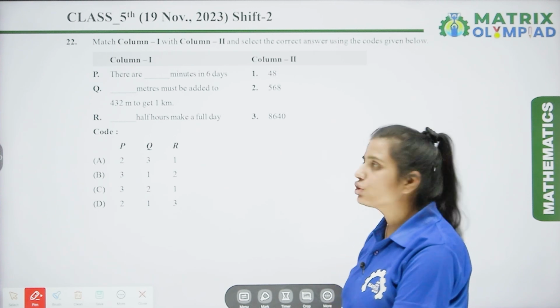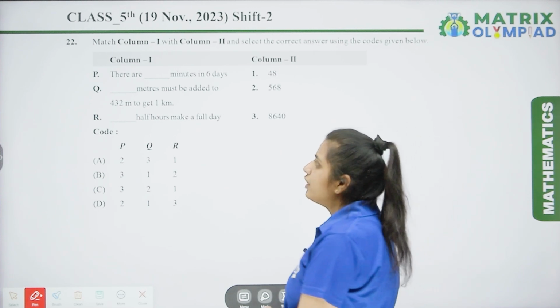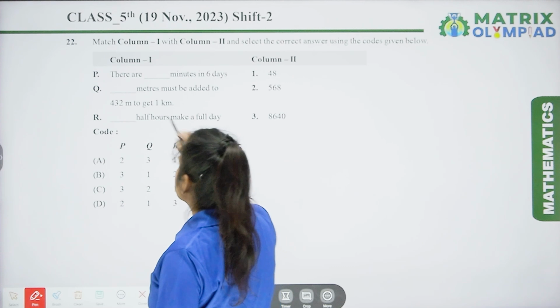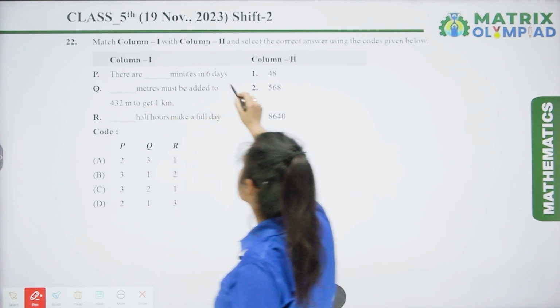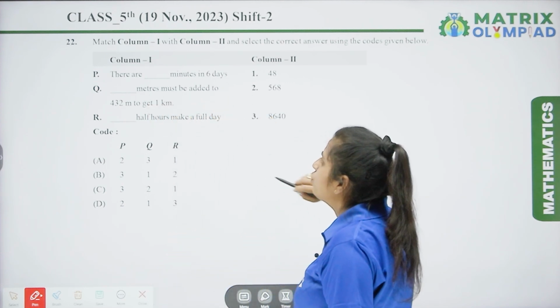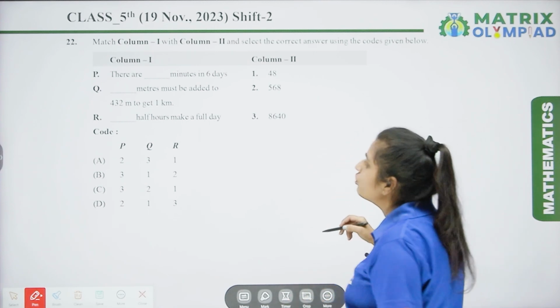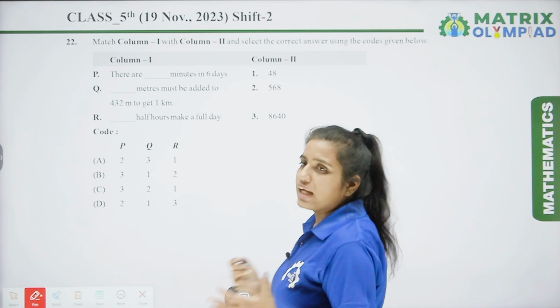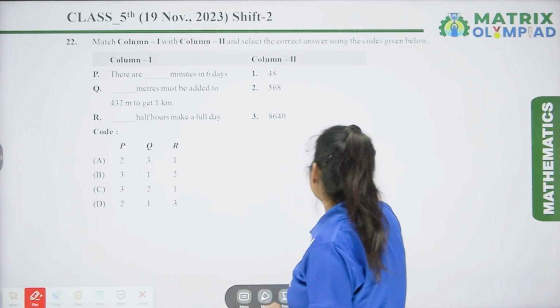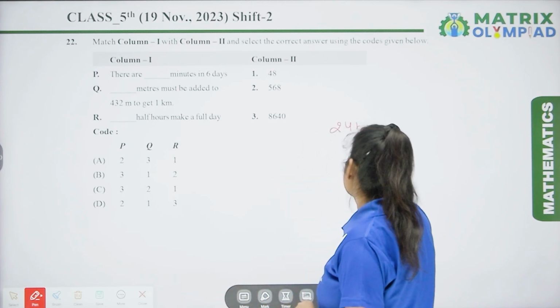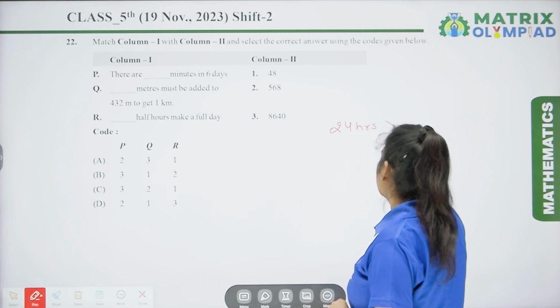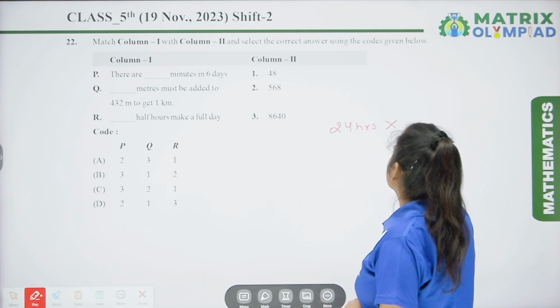Now the next question, question number 22. Again we have to match the columns. The first part is: there are dash minutes in 6 days. To calculate the minutes in 6 days, first we find how many minutes are in a day. We know there are 24 hours in a day and 60 minutes in an hour.